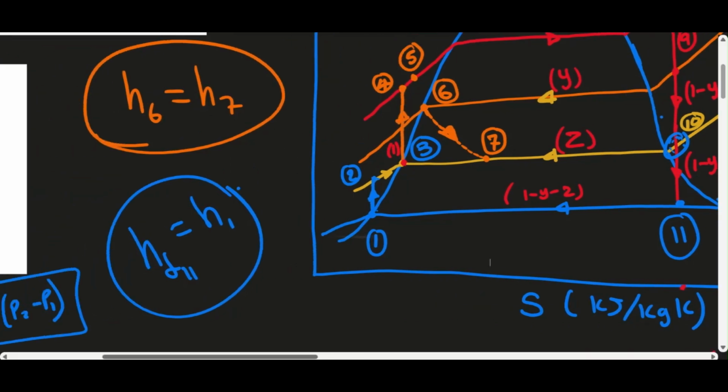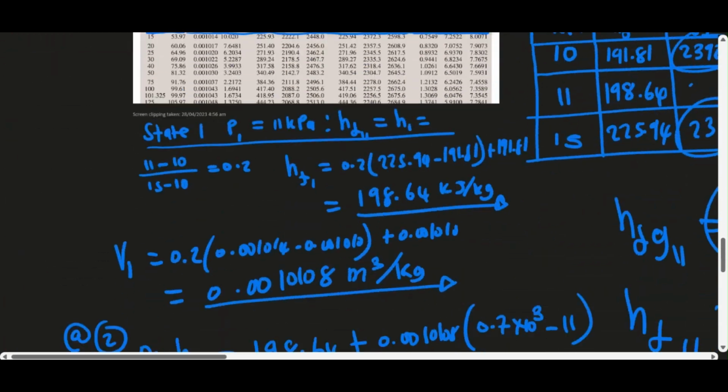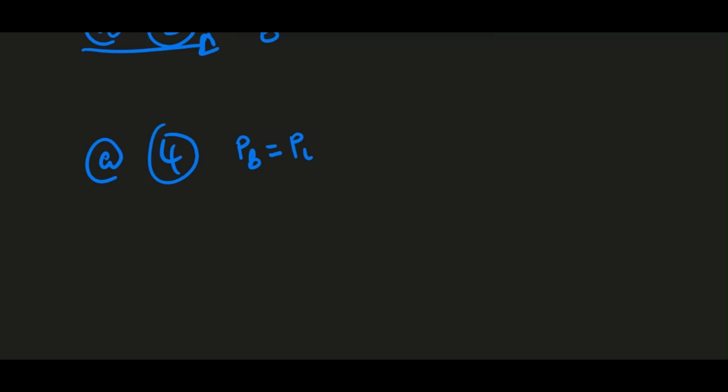Therefore, we can use that in our equation. So at state 4, what is the pressure? It's the boiler pressure of 10 megapascal.